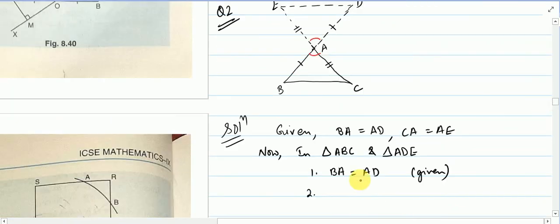So we will write angle BAC is equal to angle DAE, vertically opposite angles.